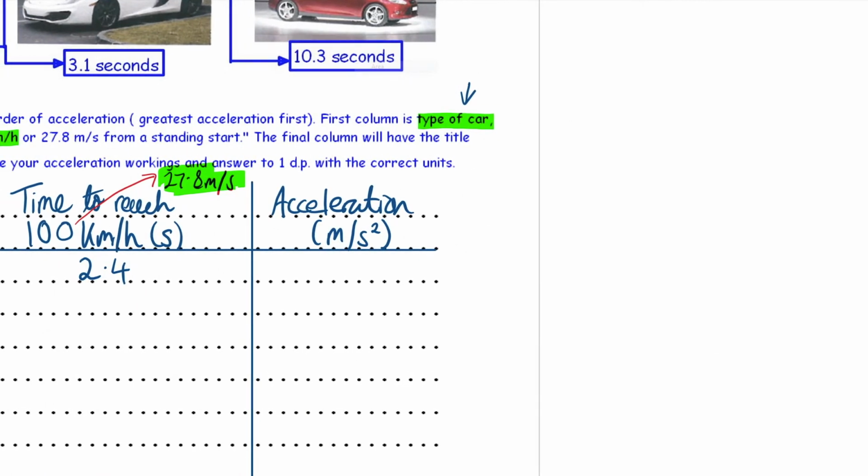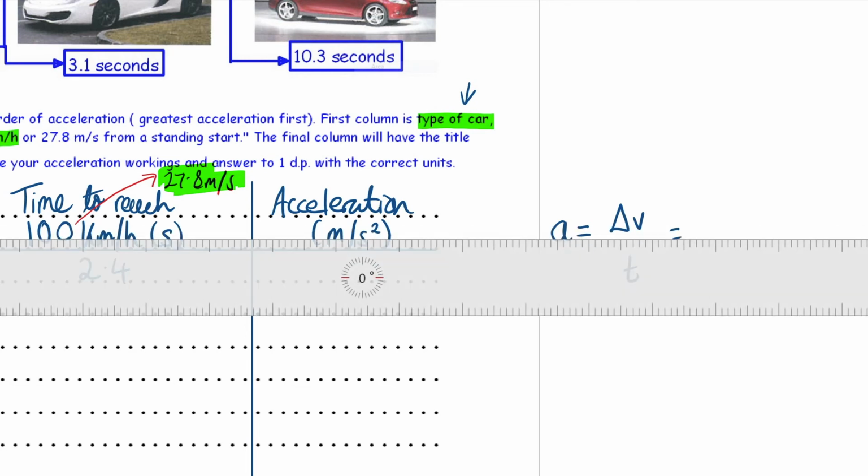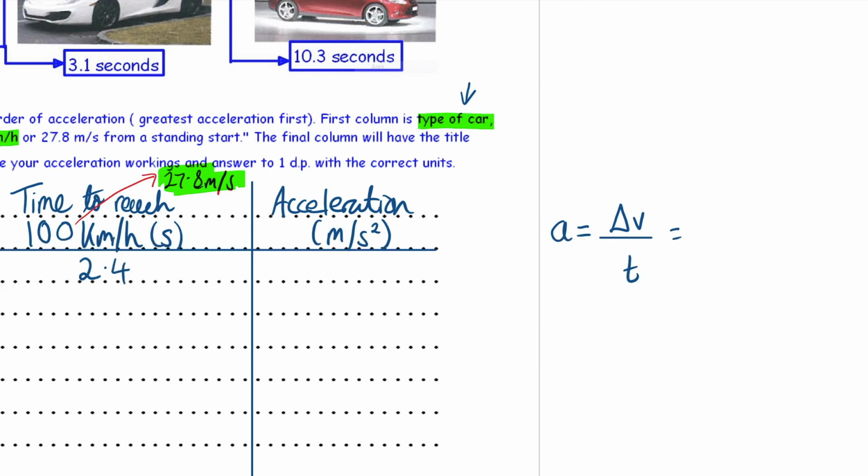You might want to do yours on the side of the page, but I'll just do mine over here. So change in velocity divided by time. I'll get my ruler. So we're going from 0 to 27.8. That's the change in velocity. The time taken, of course, is 2.4 seconds.